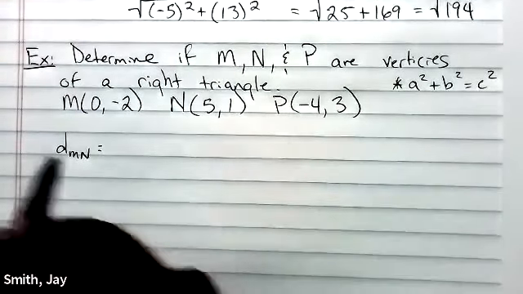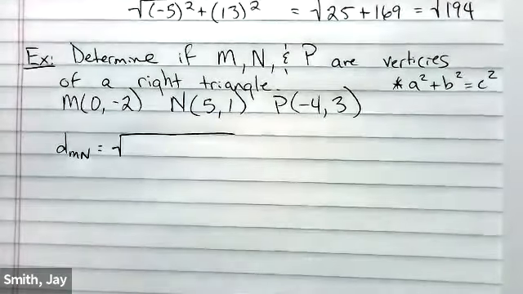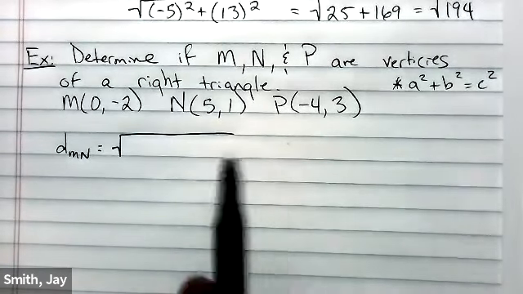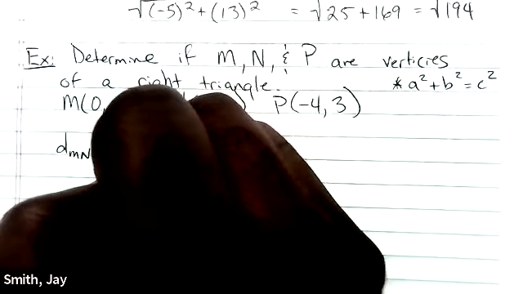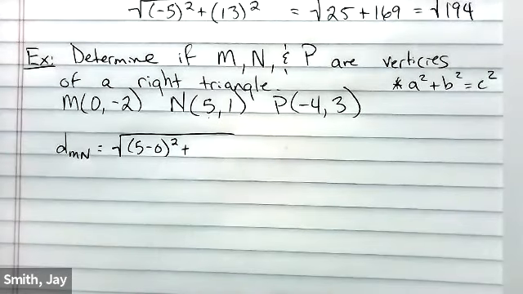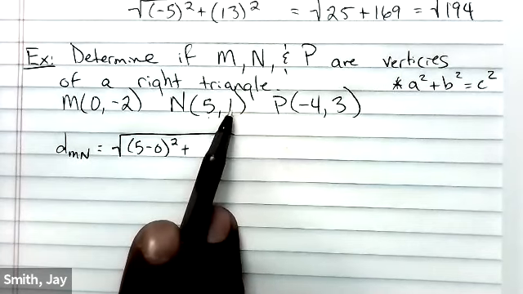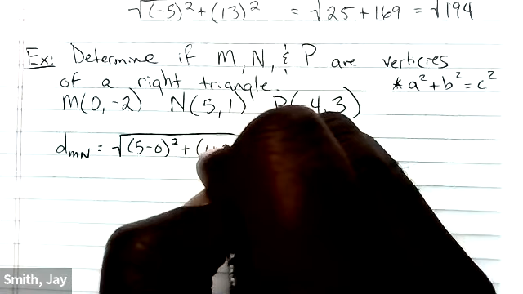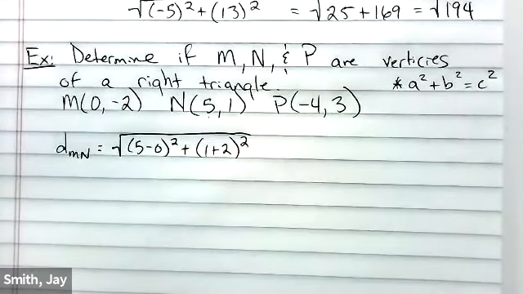All right. So the distance from m to n, which would be the square root of x2 minus x1, or in this case, 5 minus 0, quantity squared, plus y2 minus y1, or in this case, 1 minus a negative 2. We know if we subtract the negative, same thing as addition, so we can just put 1 plus 2, quantity squared.